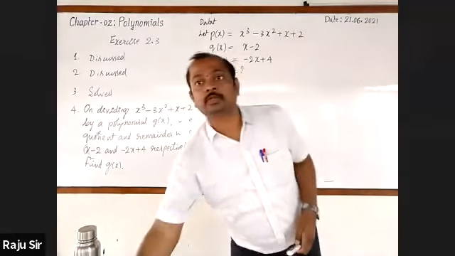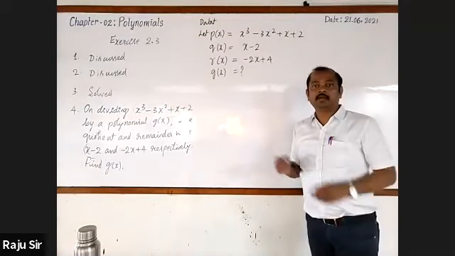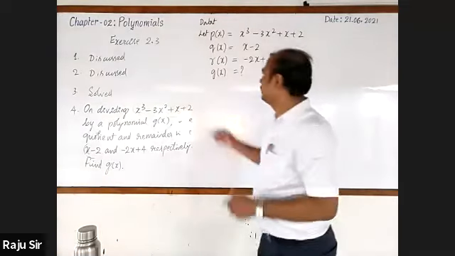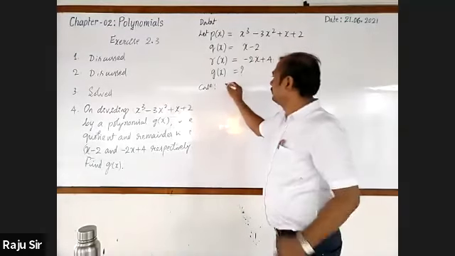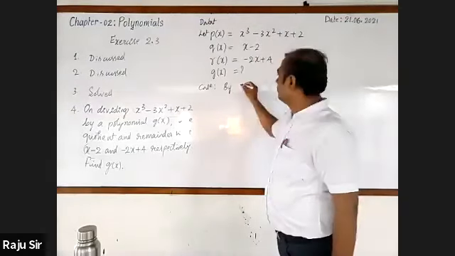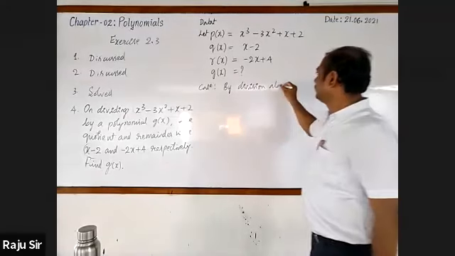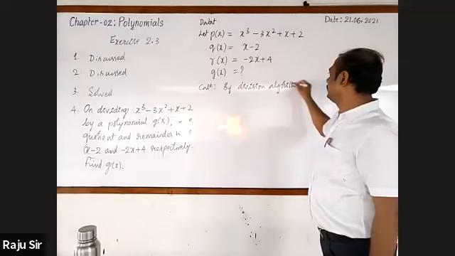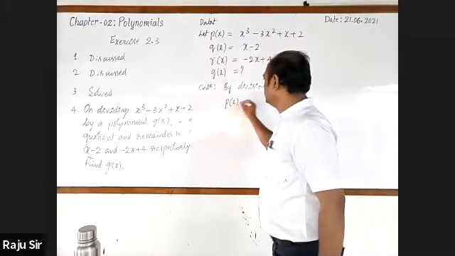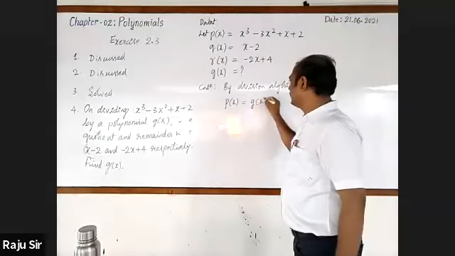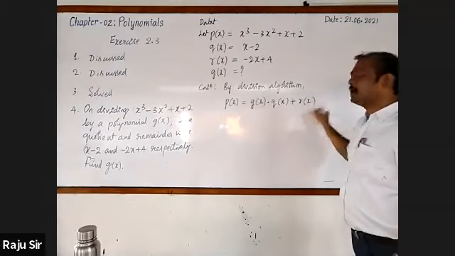So to find out g of x, we have to use the division algorithm for polynomials. In the calculation, without fail, it must be written by the division algorithm. You can write p of x is equal to g of x into q of x plus r of x.